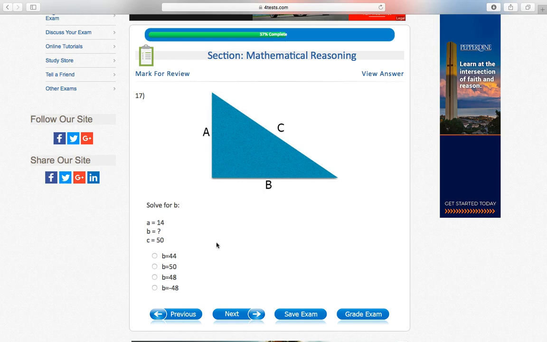Right? 14 squared is 196. 50 squared is 2500. I'll subtract 196 from both sides. B squared equals 2304. And if I square root that, I will get b equals 48. And there's our answer.